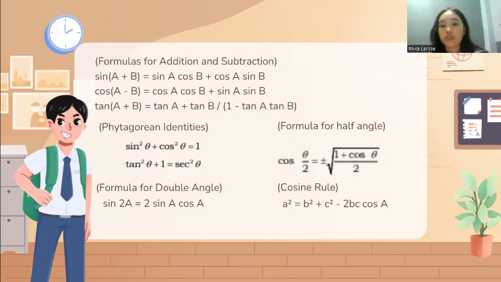For the cosine rule, we have a squared is equal to b squared plus c squared minus 2 times b times c cosine A.